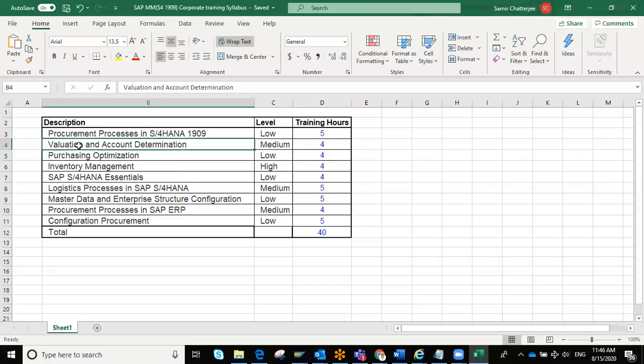Because what has happened, sir, previously in our organization we didn't have any SAP system. We had our own ERP system. Directly we have jumped to 1709. I am mainly into CO and FI. Means I am a costing person.